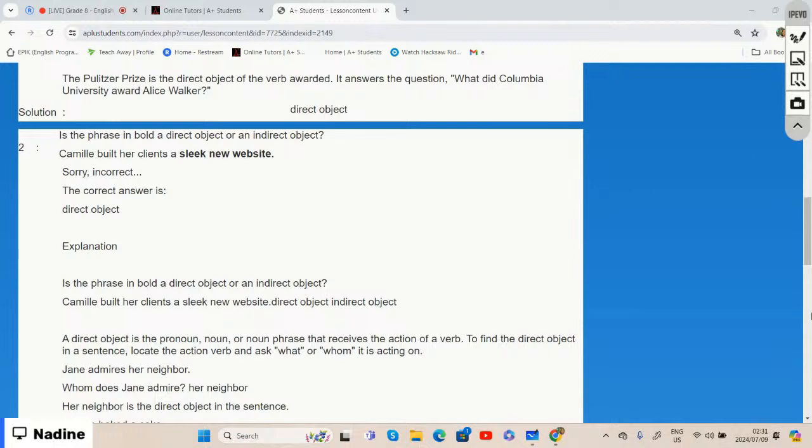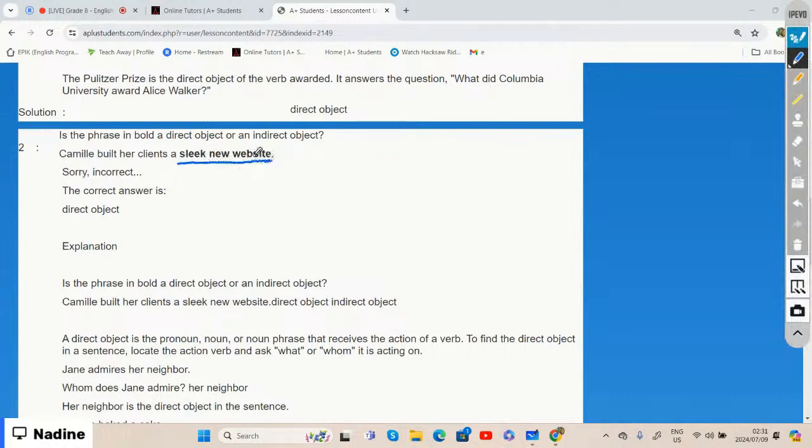If we were to select, we would say a sleek new website is a direct object. Because we need to ask, what did Camille build her clients? She built her clients a sleek new website.